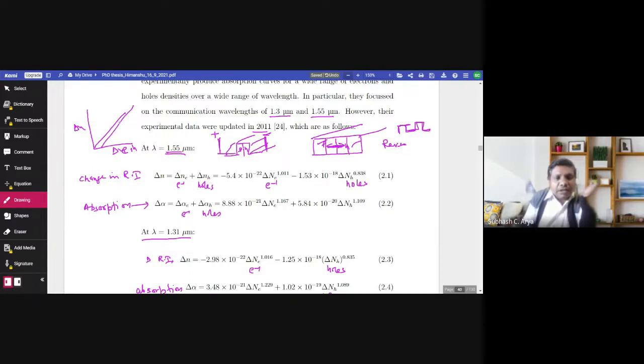They observed that with an increase in carrier concentration, there is a change in the refractive index. So two phenomena are coupled here: the change in electrons and holes, which is an electronic phenomenon, and the change in the refractive index, which is an optical phenomenon.